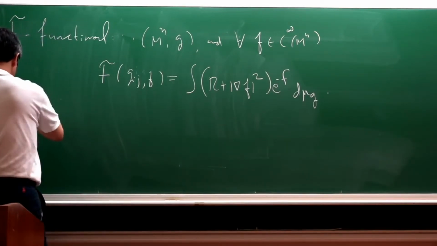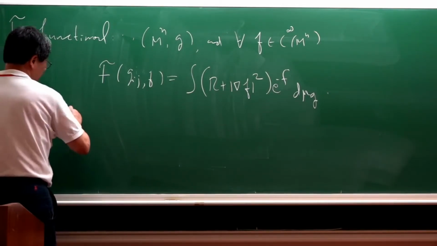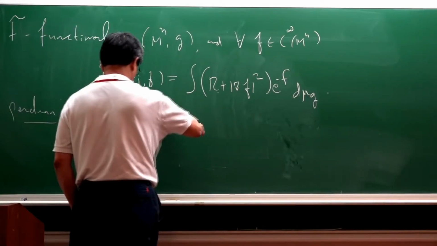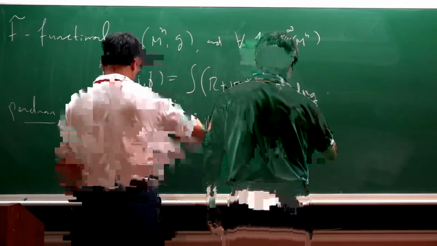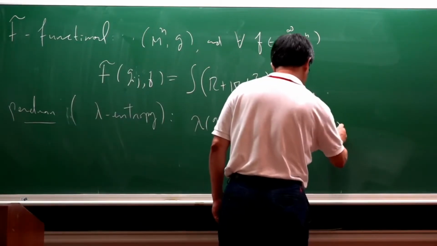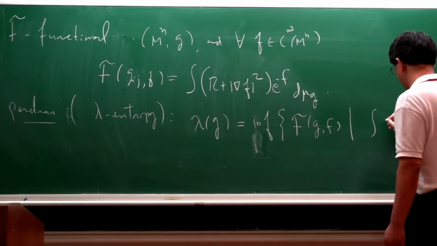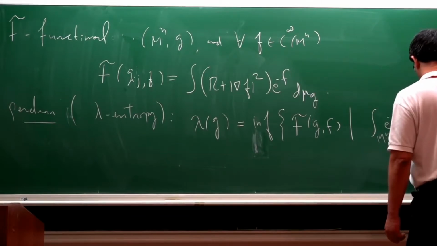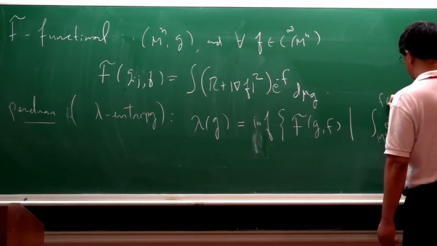So Perelman is looking at this lambda entropy of G and f, subject to the weighted volume constraint equal to 1, where f ranges over smooth functions.